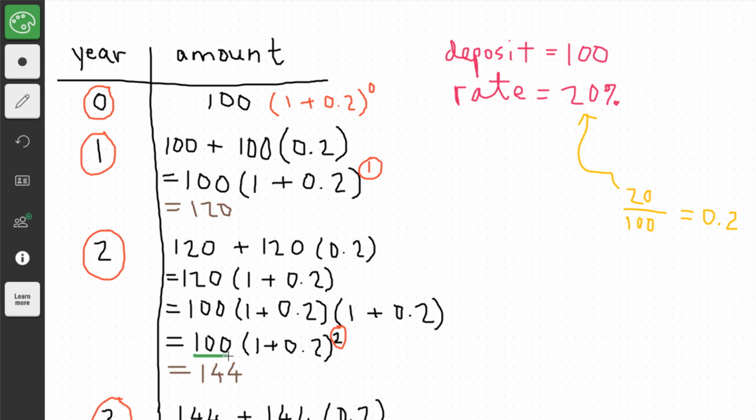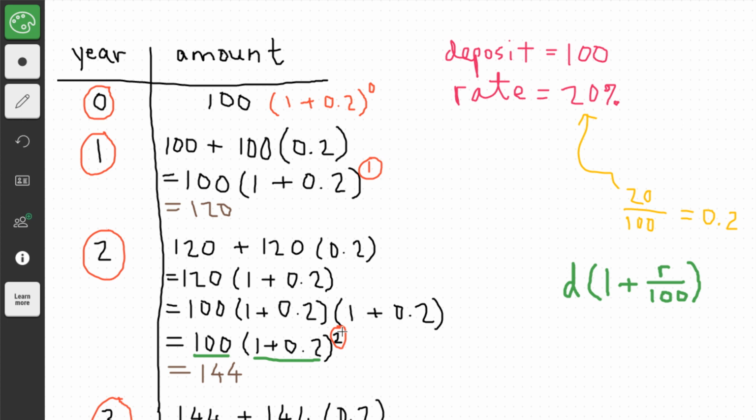We have 100, which was our deposit, so I'll say D for deposit, and then it's being multiplied by 1 plus, yes, patterns, exactly, 0.2. 0.2 was the rate, so I'll say R, but keep in mind we did divide it by 100 to get the decimal form as opposed to the percentage form. So it'll be R over 100.